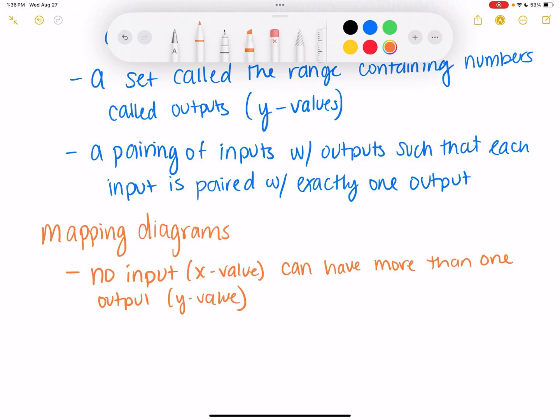However, the reverse is not true. We can have multiple uses of an output. So the y values can be repeated, x values cannot.